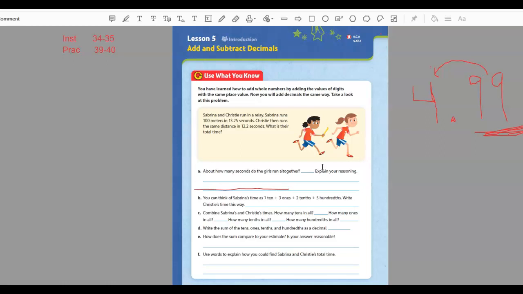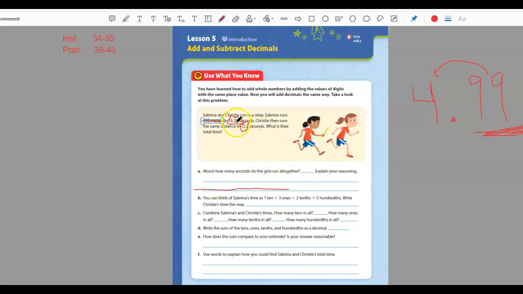What is their total time? So we have two runners and they both have different times. We don't really need to know that they ran the 100 meters. That's not important. But we do need to know 13 and 25 hundredths seconds and 12 and 2/10 seconds. So how many seconds do the girls run altogether?